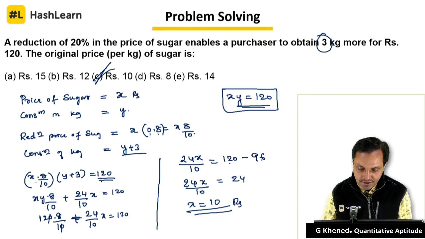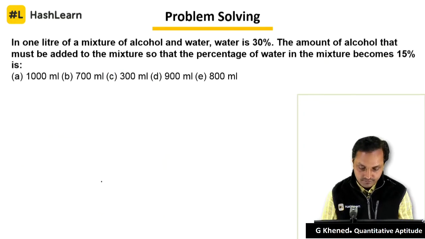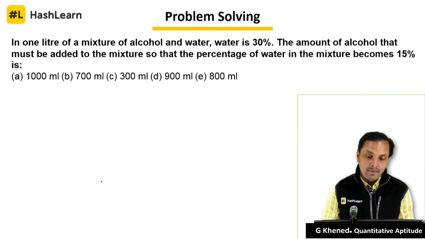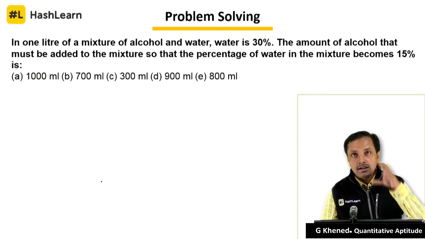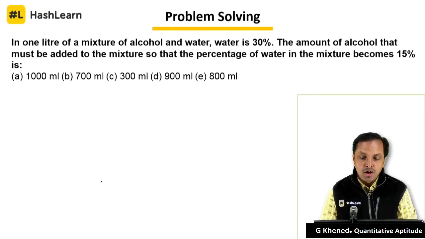on percentage. In 1 liter of mixture of alcohol and water, water is 30%, which means if the water is 30%, the alcohol will be 70%.